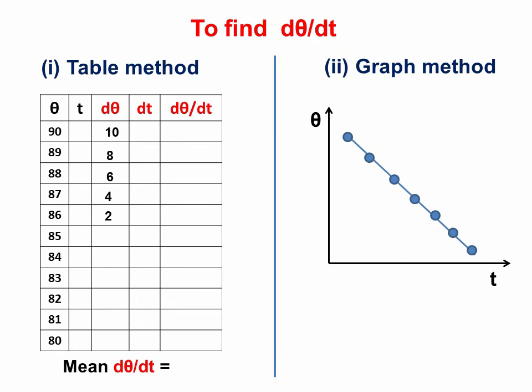Connect the dots, then get d theta and dt values as shown in the graph. After getting d theta and dt from the graph, divide them, and we can get the value of d theta by dt.